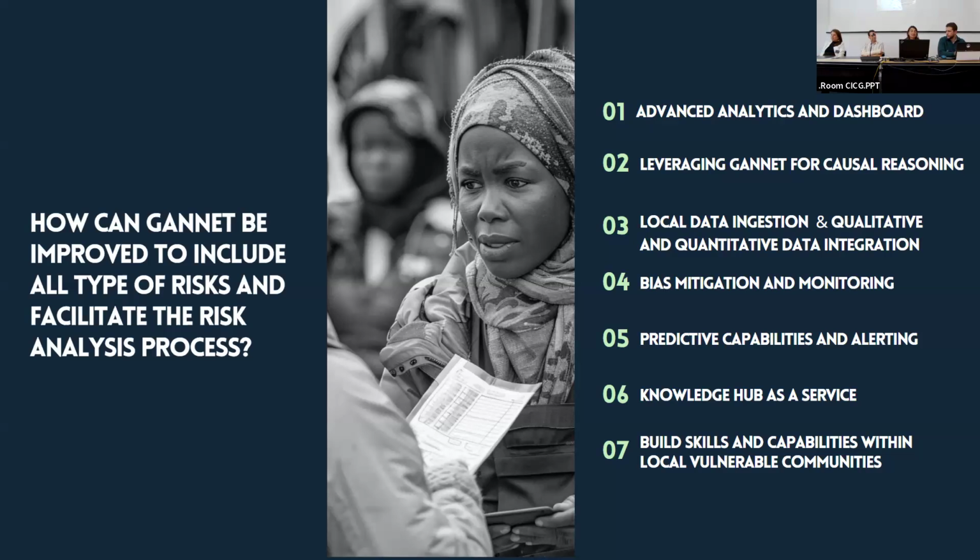And of course, as we said, everything is for local communities, and the evaluation, information, and triggers should come from local communities, and they should be the ones using these tools as well, building skills and capabilities and providing this feedback loop.